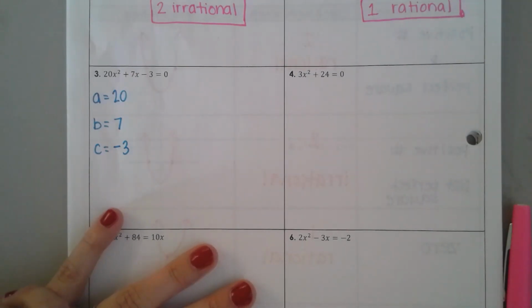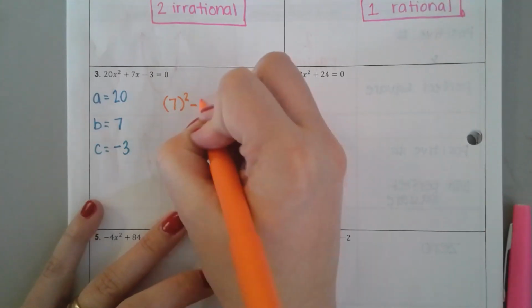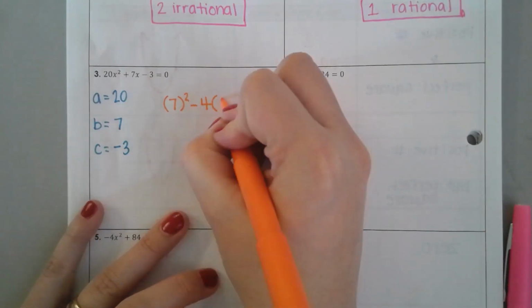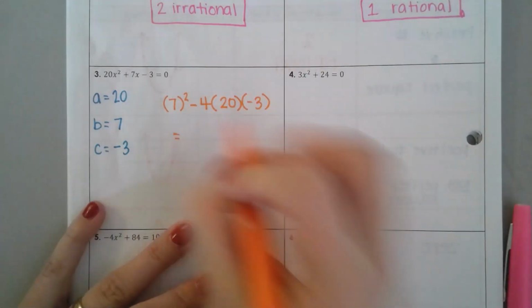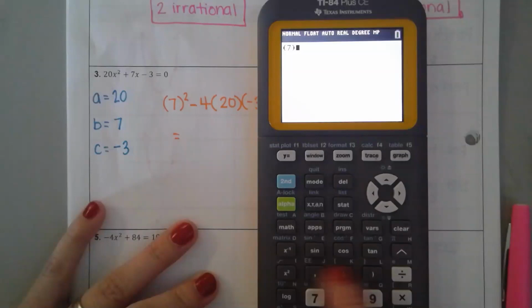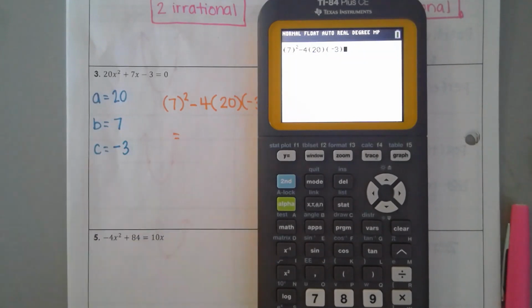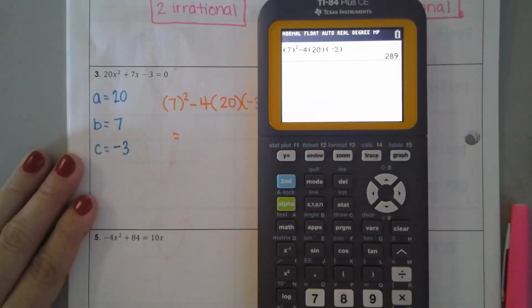And then we fill in the formula. 7 squared minus 4 times 20 times -3. And we get 289.